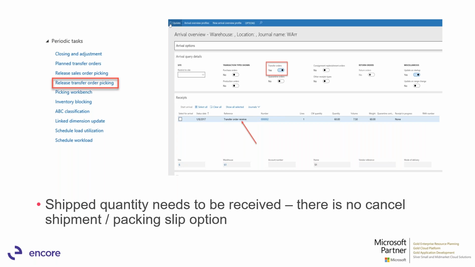So one very, very important thing that we need to be aware of is that once a transfer order ships, a transfer order sits. And what it means is that while on sales orders and purchase orders, we do have the ability to cancel a packing slip or a product receipt anytime before a financial update on invoice is issued based on it. We do not have this ability on the transfer orders, okay?